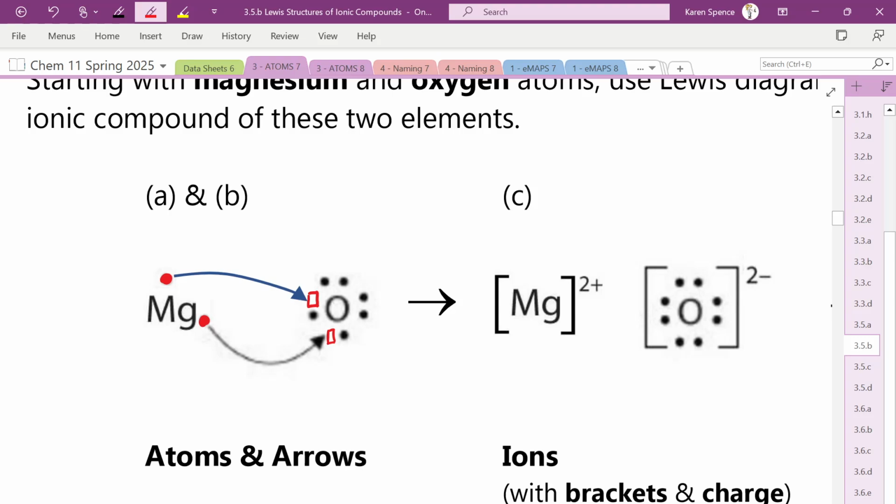Yes. Because magnesium, we have now emptied it out, and we have now put those 2 electrons into oxygen, and we have Mg2+ and O2-. Is that good? Okay.